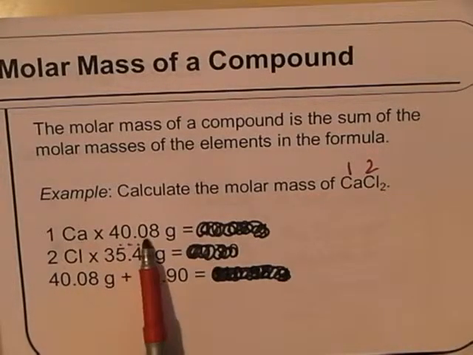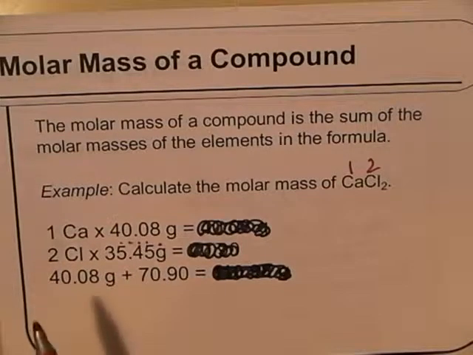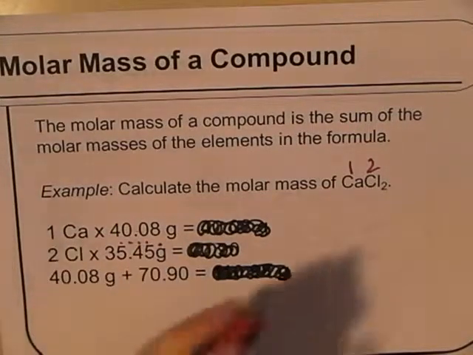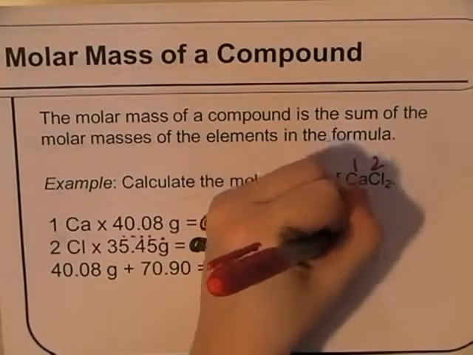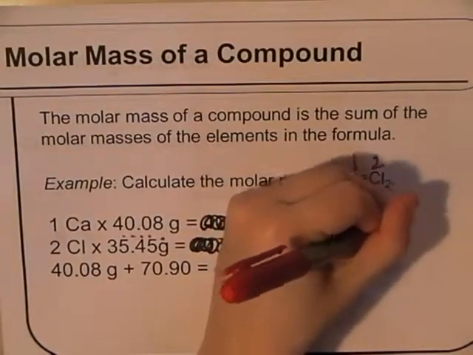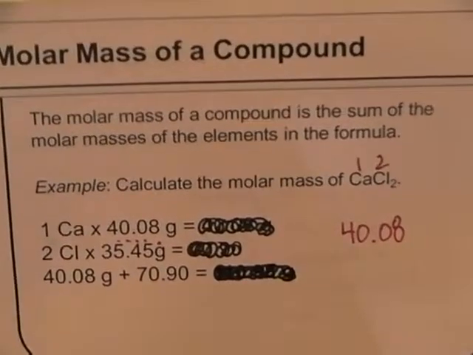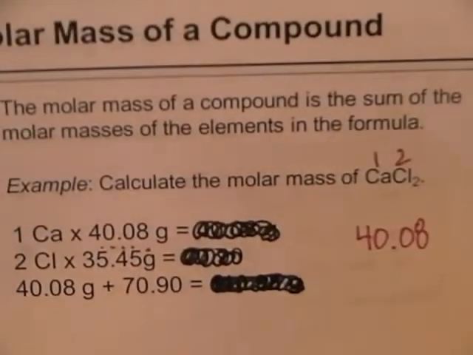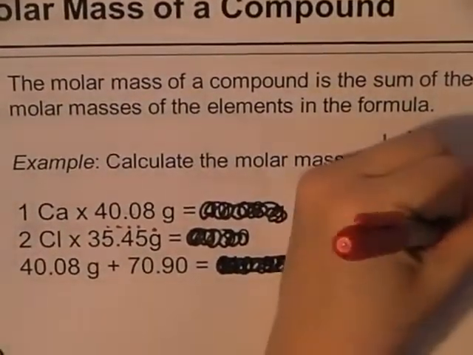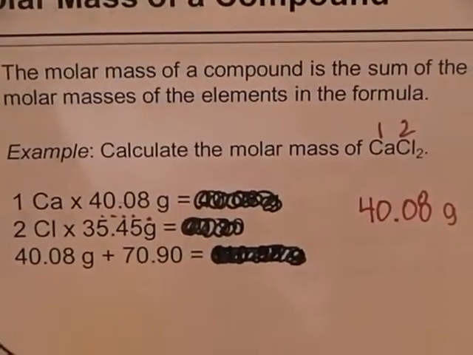It is 40.08. So 1 calcium with a mass of 40.08 gives us 40.08. Not blowing your mind, I hope. And again, that's in grams.